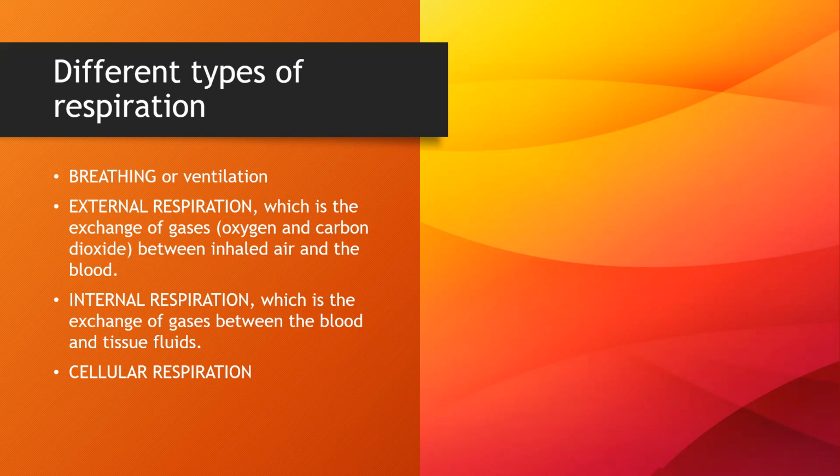If you see, all these four processes occur in a particular order, in the same order as they are written. First we breathe in the air. Then in external respiration, there is an exchange of gases taking place at the first layer, that's the alveoli.